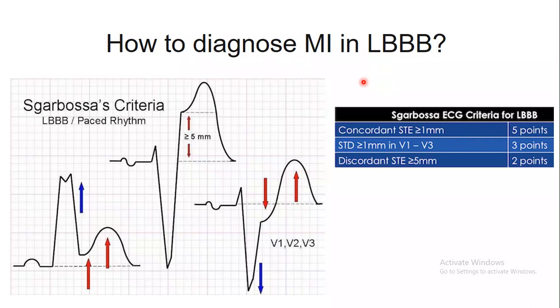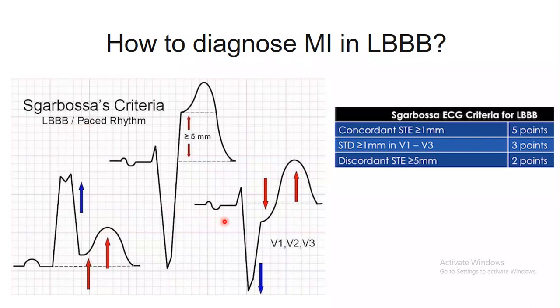So if we have changes of the ST or T segment in the same direction as the QRS, meaning the QRS complex is positive and there is ST segment elevation, a concordant elevation of more than 1 millimeter in any lead is sufficient for diagnosing myocardial infarction in the presence of left bundle branch block, using a criteria called the Sgarbossa criteria.